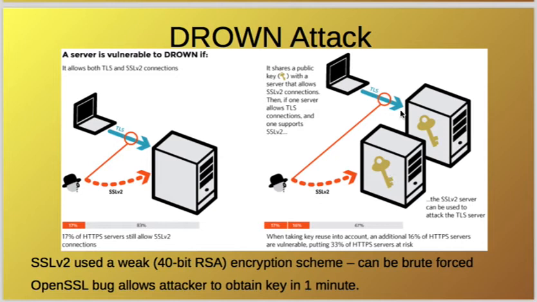So you may not support SSL v2 directly with the client, but if you just so happen to have a shared key with an SSL v2 server, an old server for a database or whatever, then this server can be used to launch an attack.